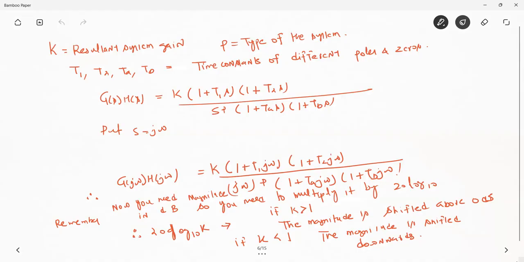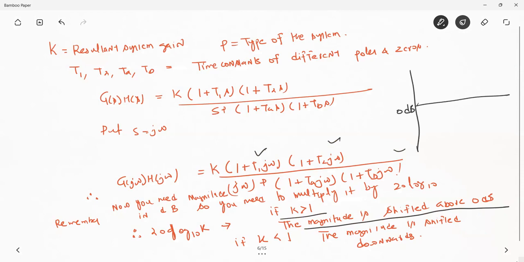Now notice, this is the time constant form I have written. If the value of k is greater than 1, the magnitude is shifted above, right? Suppose this is your 0 dB axis. And if the k is less than 1, the magnitude of this Bode plot will be shifted below. The negative slope is represented like this.